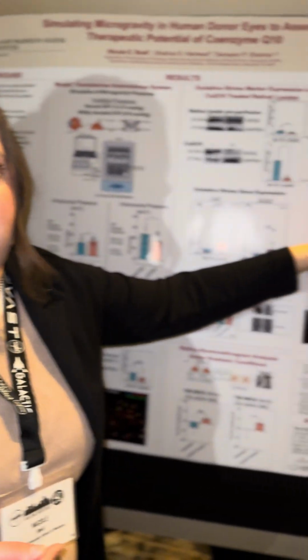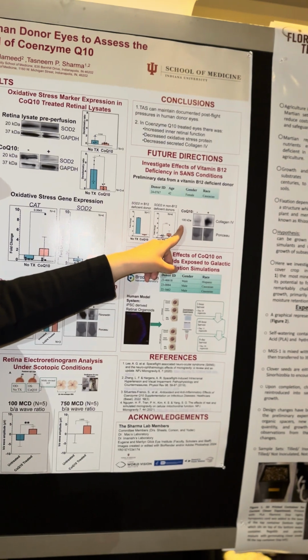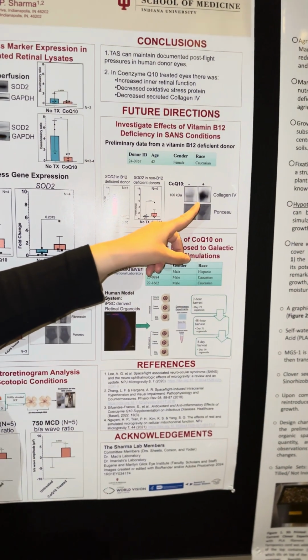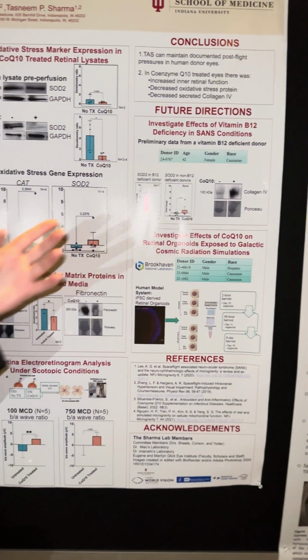And we saw the reverse in the collagen 4 remodeling, where they had much more collagen 4 deposition in the optic nerve head, which we found interesting, and we're very excited to get more vitamin B12 deficient donors in our lab to evaluate these changes, since this phenotype is very similar to that of the astronauts going into space who developed SANS.